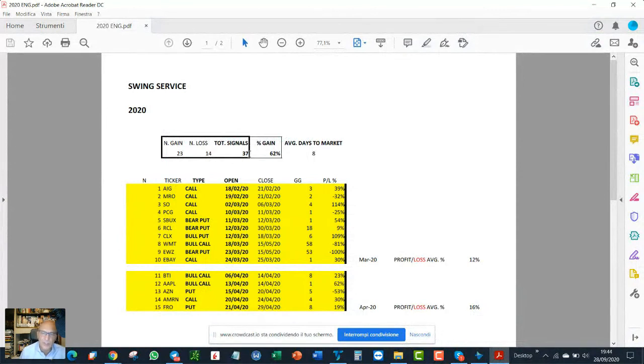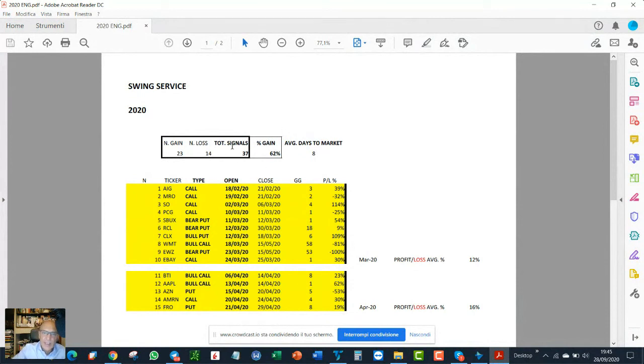On this, we had 23 that ended up gaining and 14 that ended up losing. So as you see, the probability of gaining is on our side.